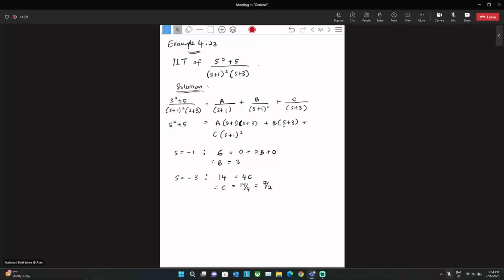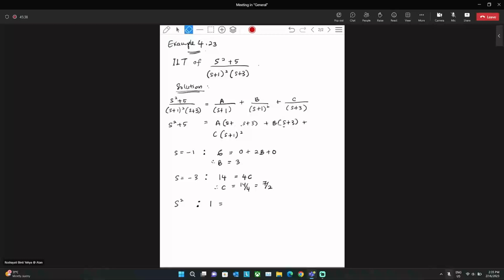If you choose s squared, it is equating coefficients. So s squared on your left is 1, equal to s squared on your right-hand side.